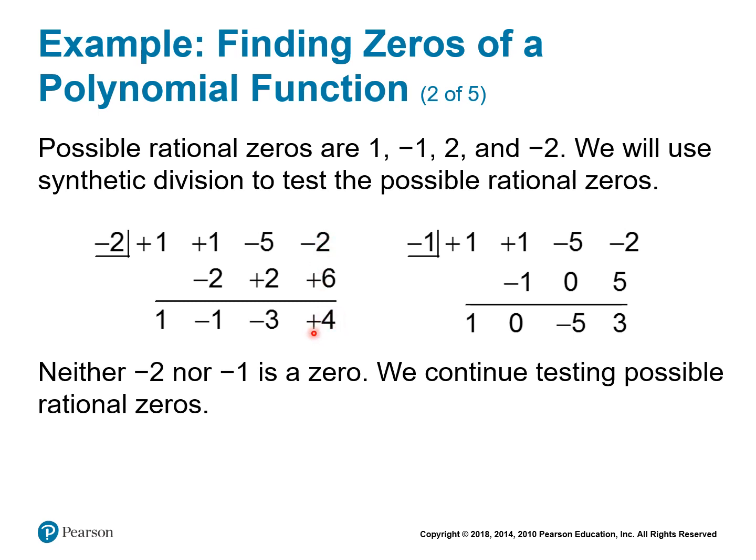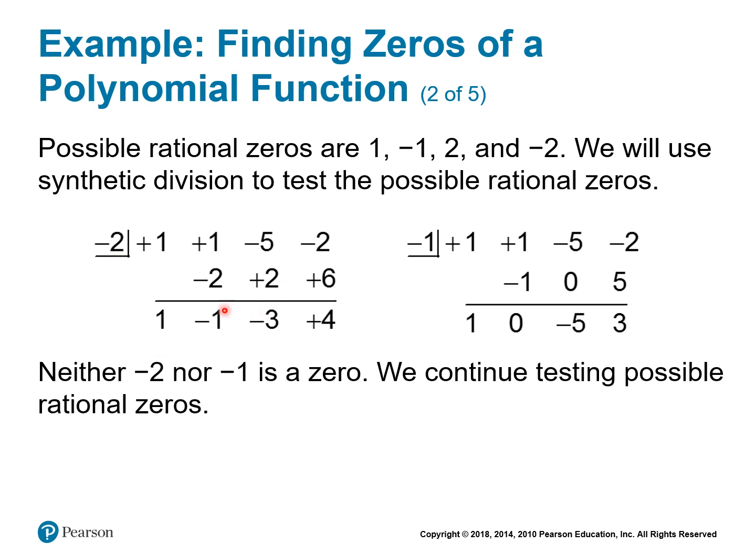Now always remember, the last value below the line is always the remainder, and we see the remainder is not 0. So that means -2 is not a 0, even though it was in the possible list of rational zeros.